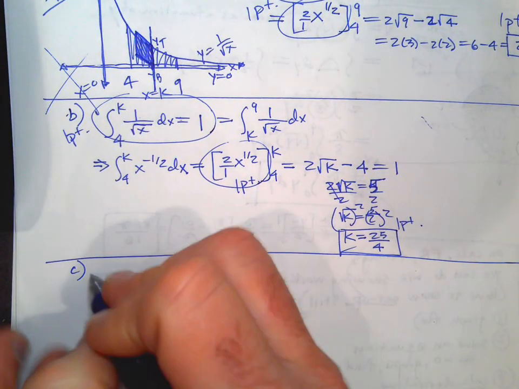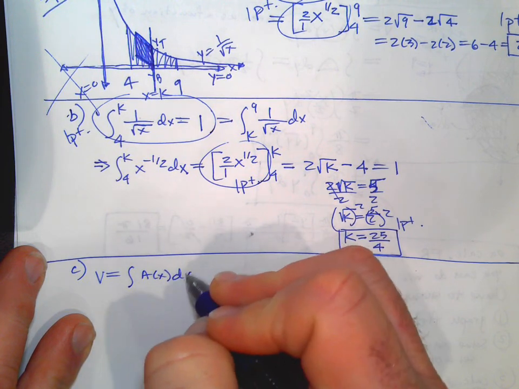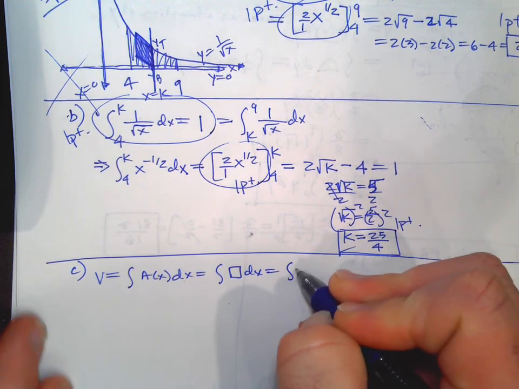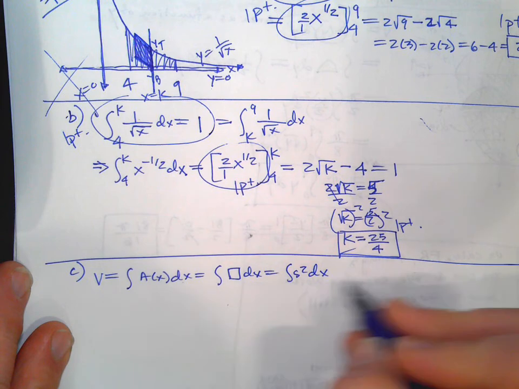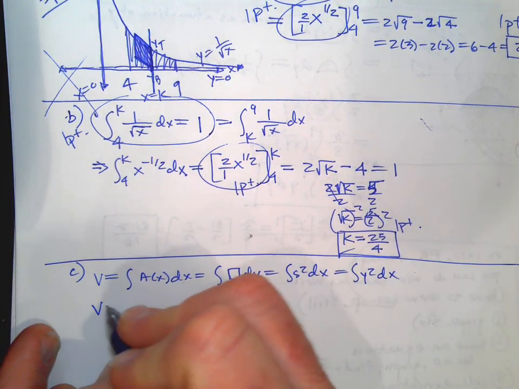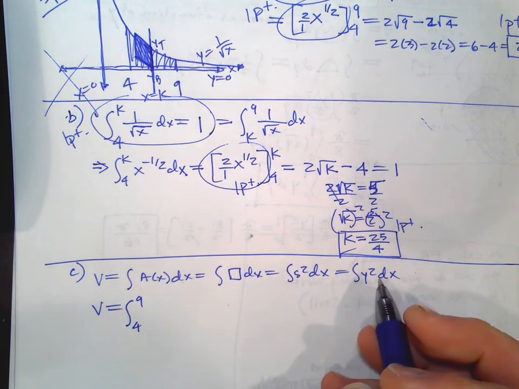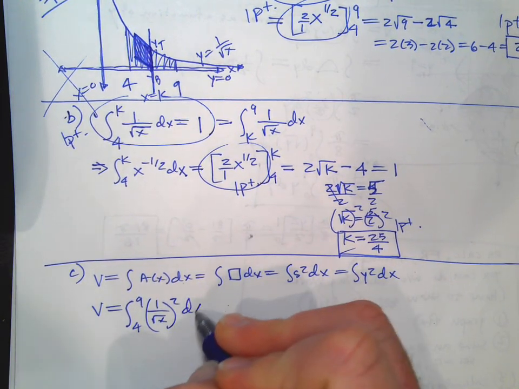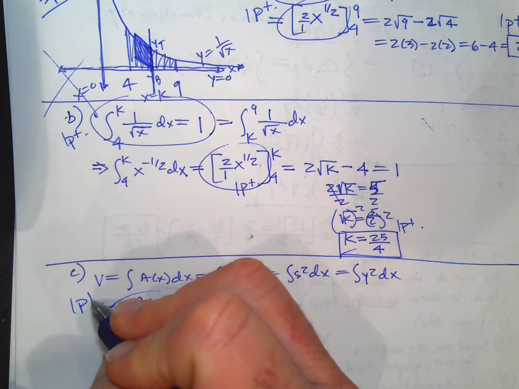So the volume is going to be the integral of the area in terms of x, which is side squared. The side is the y value, but we need to get it in terms of x. The limits are 4 to 9, and the y value in terms of x is 1 over the square root of x, squared, dx. So your setup is 1 point.